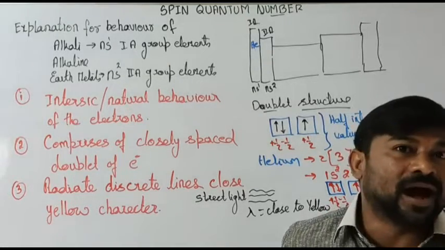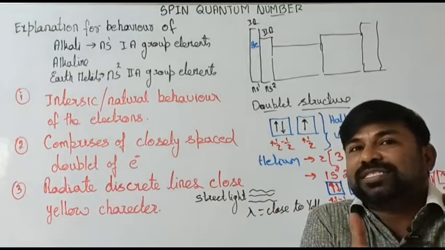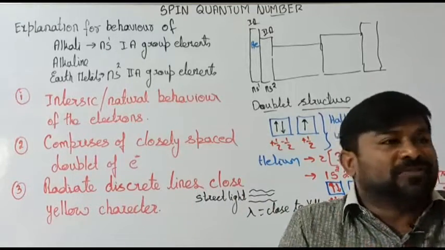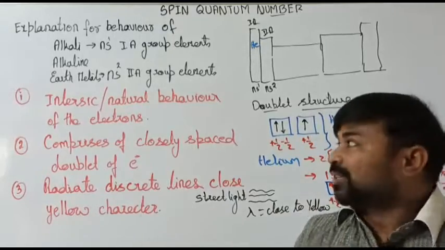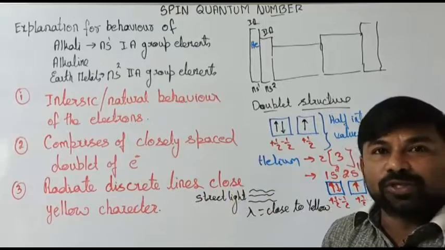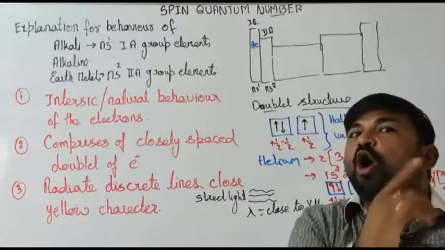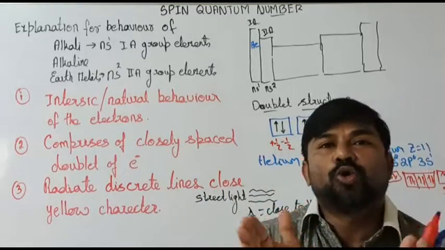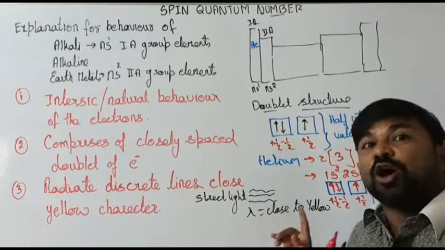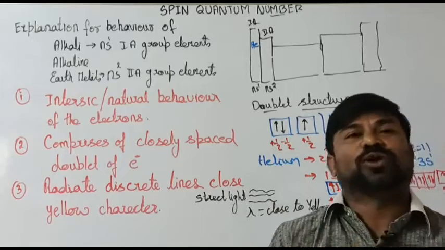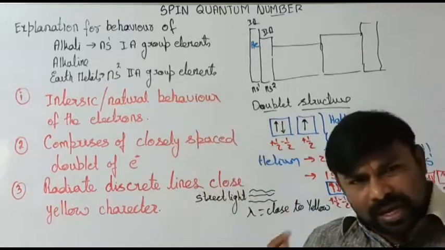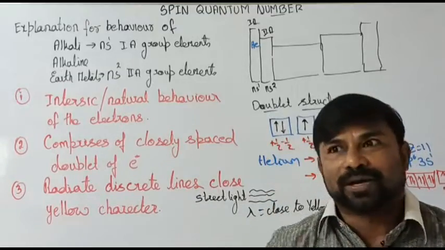You know, with VIBGYOR, we have a wavelength for each color, ranging from here to here. The light rays coming from the sodium vapor lamps have a wavelength very close to that of yellow color light. That is also one of the reasons given by Mr. Uhlenbeck for the spin quantum number.